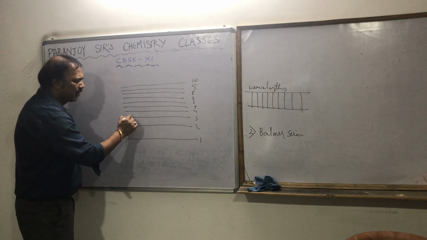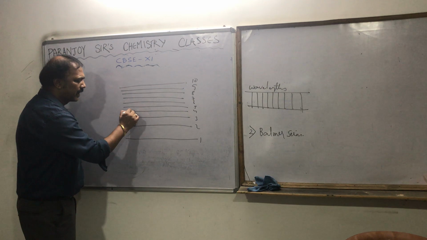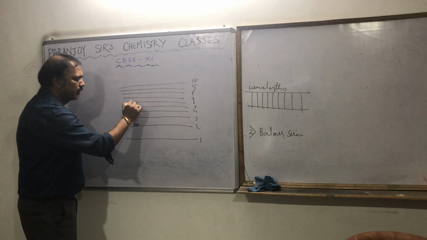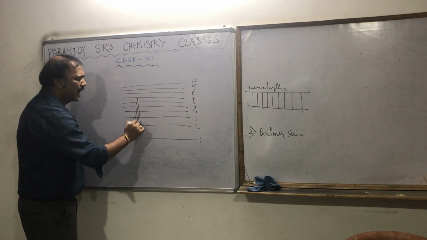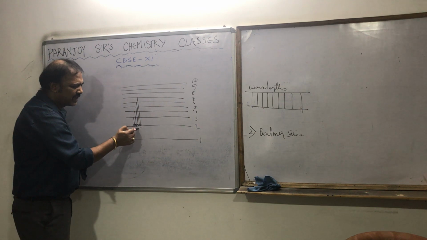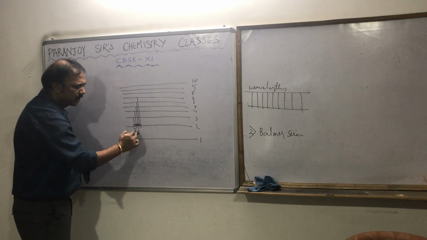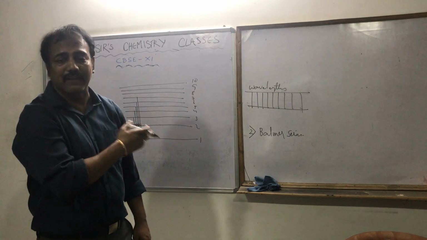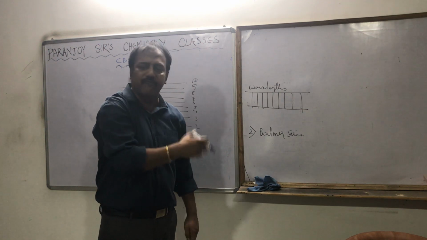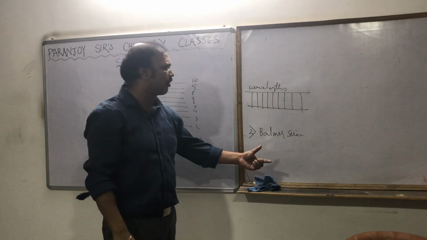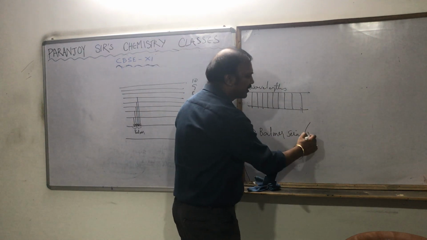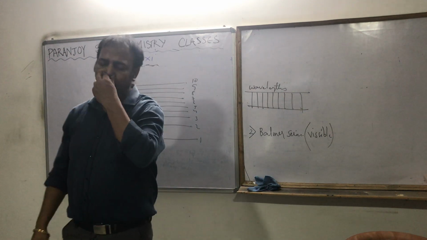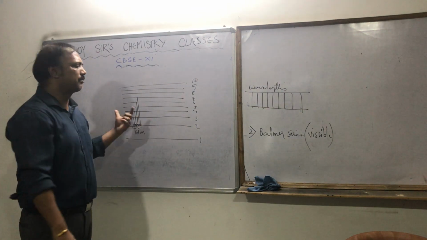If the electron jumps from 3 to 2, from 4 to 2, from 5 to 2, 6 to 2, 7 to 2, and so on, this series of lines is known as the Balmer series. This was found first out of all 5 because this particular series falls in the visible region, very much visible, and that is why he found it earlier than the other series.